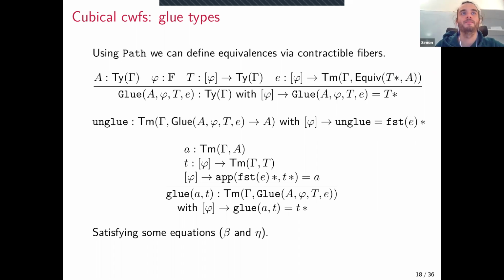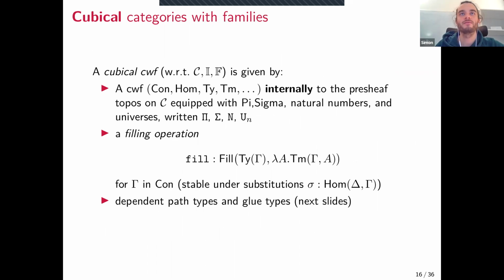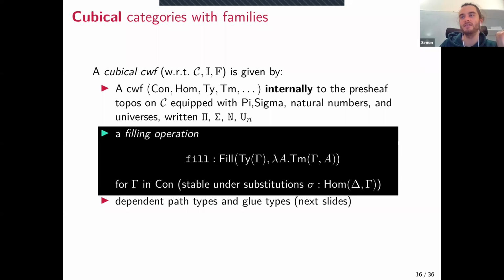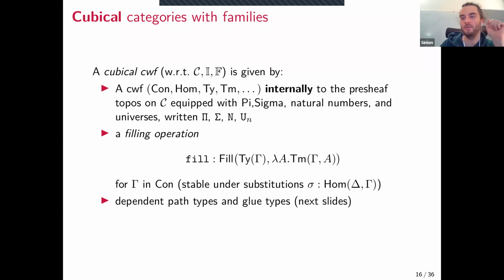But what I want to stress is that the filling is not explained by any equation. There's just the assumption that there is a filling operation, but no equation which this filling operation has to satisfy other than that the filling extends the input basically.